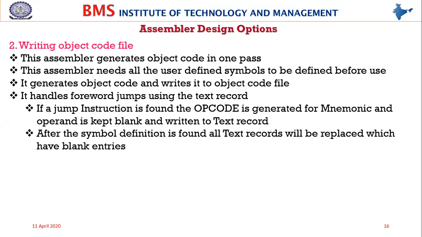If A and B are declared before, then you have the addresses of A and B, and those can be used to compute the value of O. If not, then O's value cannot be evaluated until we get the values of A and B.